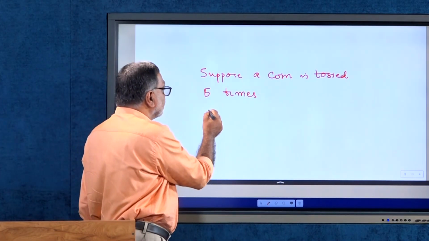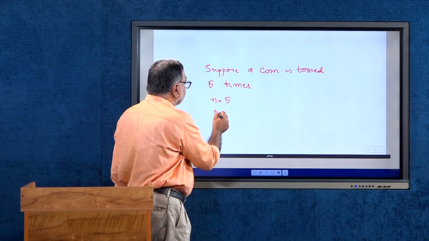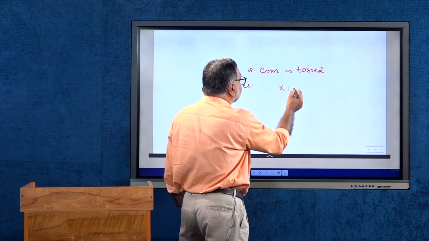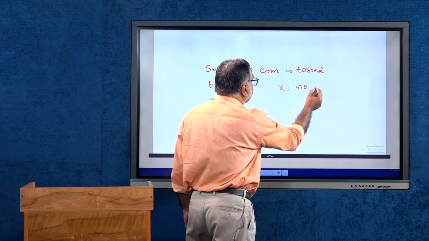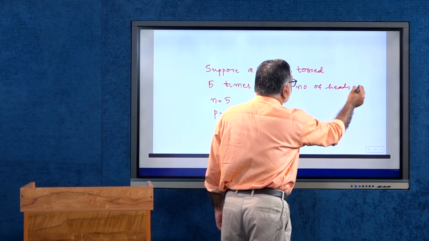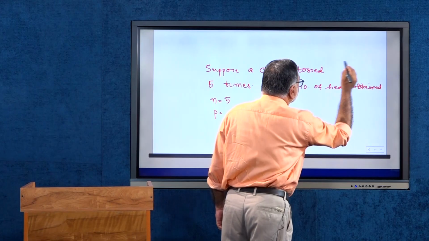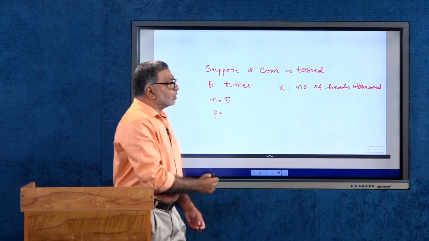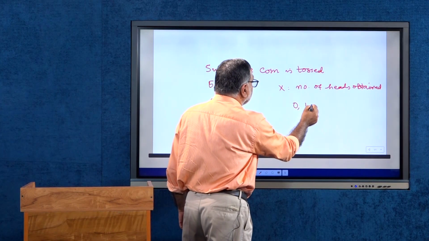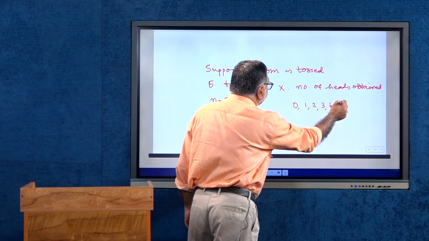Suppose we define a random variable x as the number of heads obtained. So that means x can have the values 0, 1, 2, 3, 4, 5.